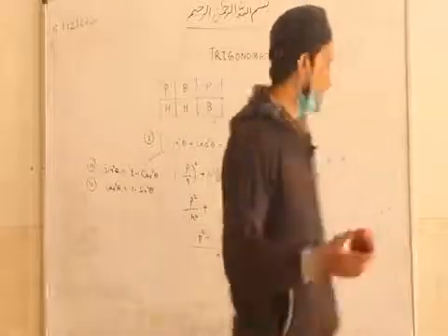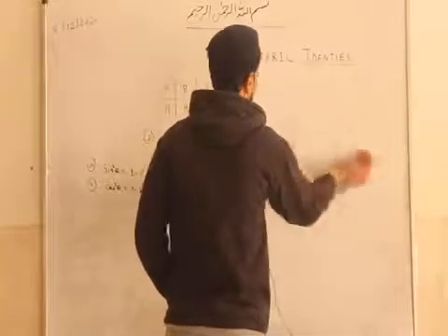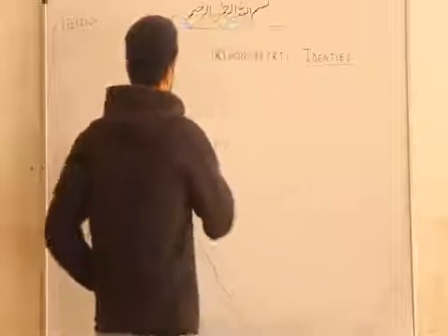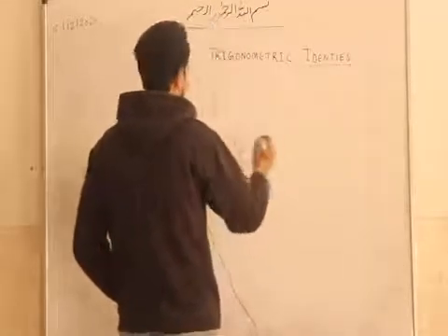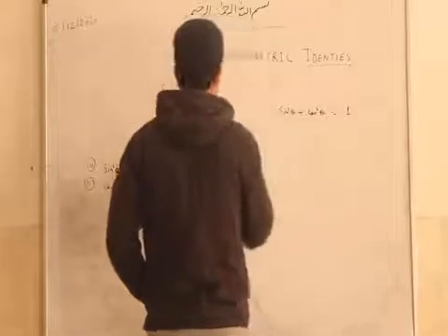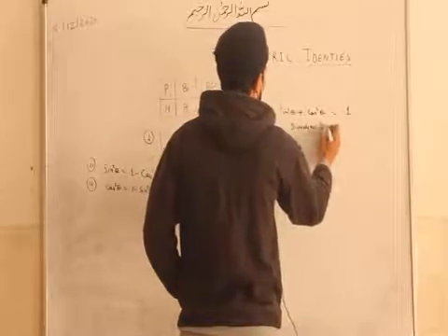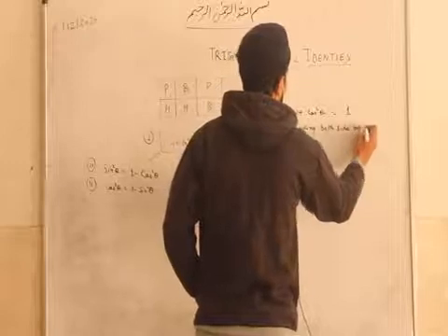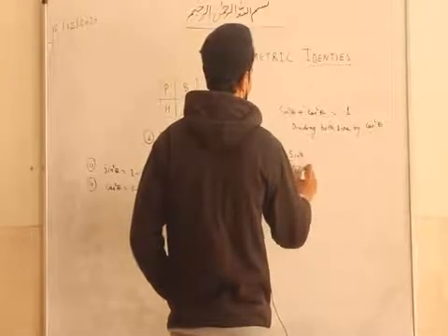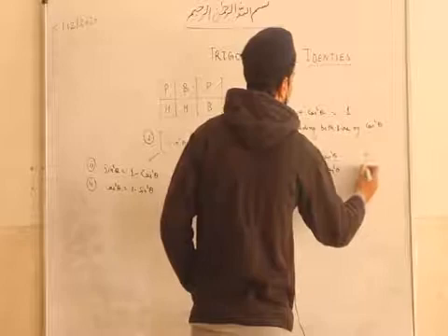Now see, with the help of this identity, if we divide both sides by cos square theta, we will get sin square theta by cos square theta plus cos square theta by cos square theta equals 1 by cos square theta.